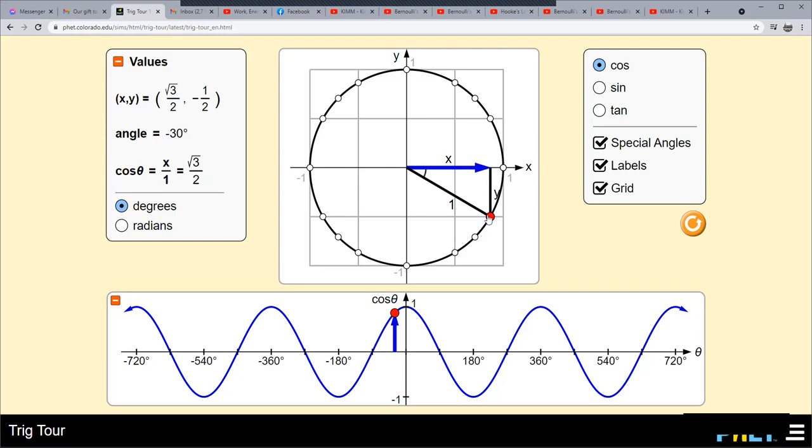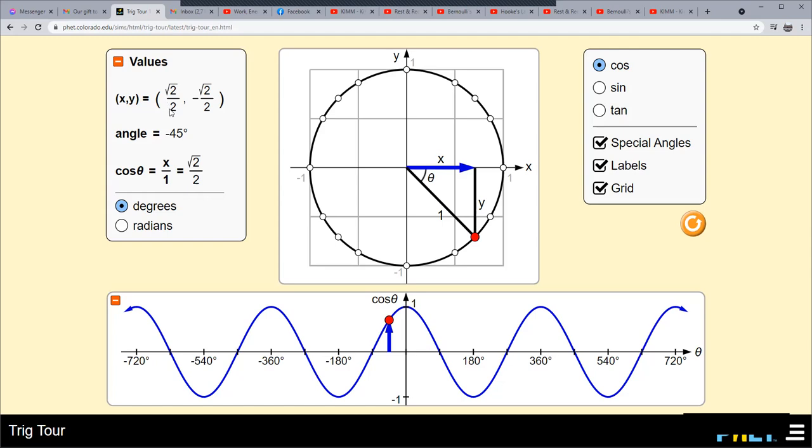In the same way, if you move the line again, the angle now becomes 45 degrees, and the values for x and y are still in the same quadrant: positive for x, negative for y.